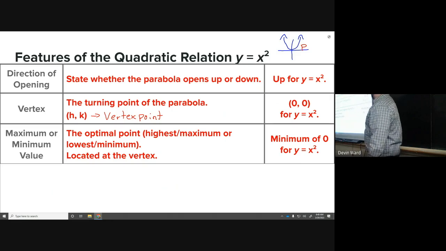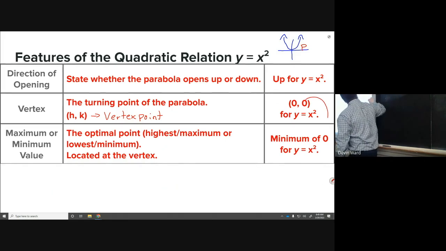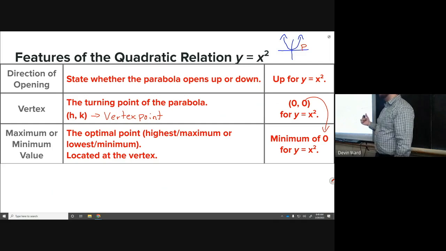So the minimum value is always going to be the y value of your vertex. So you can always look at the vertex and see where it is, and then look at the way it's opening, and that'll be either the maximum or the minimum, but that value will always be the y portion of the vertex.